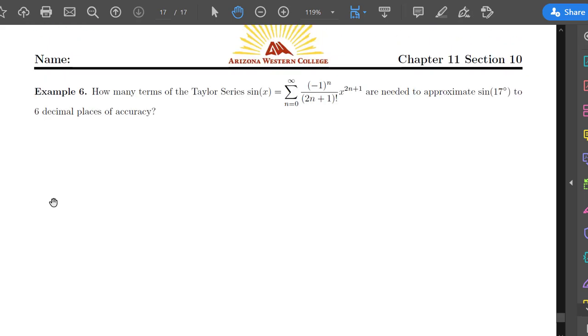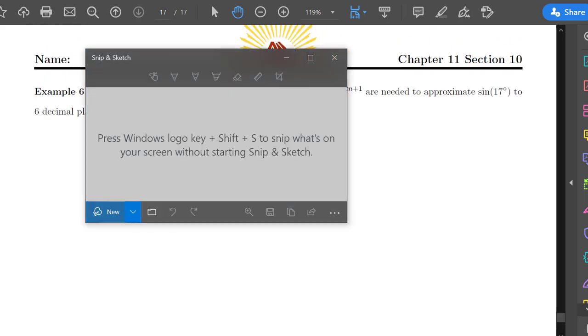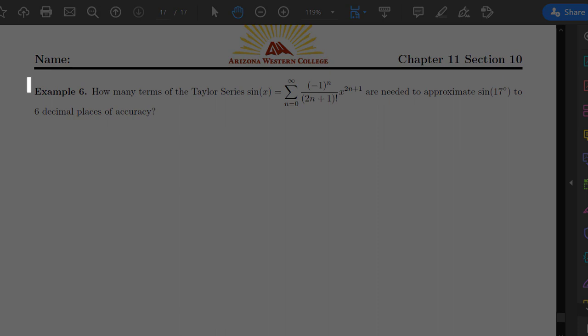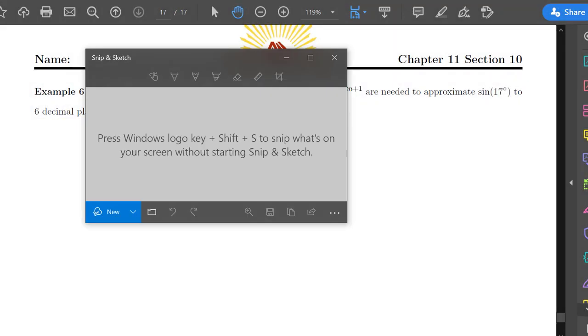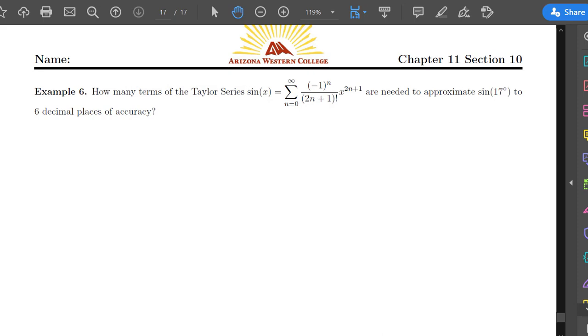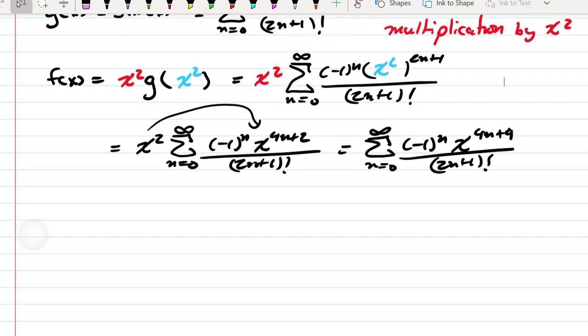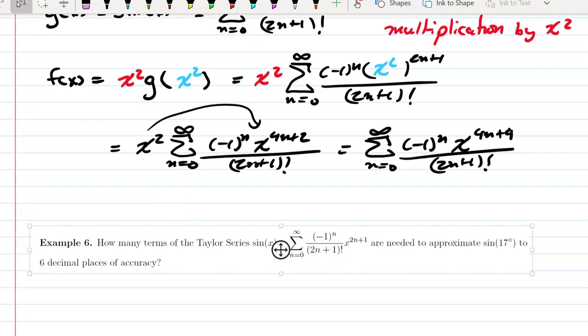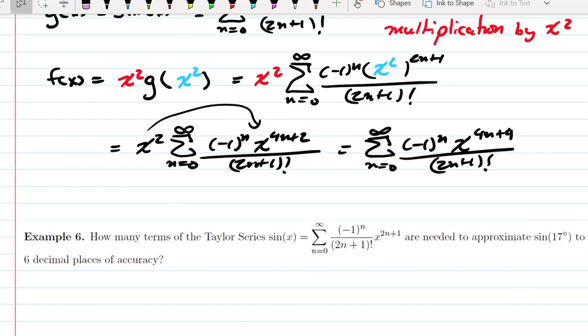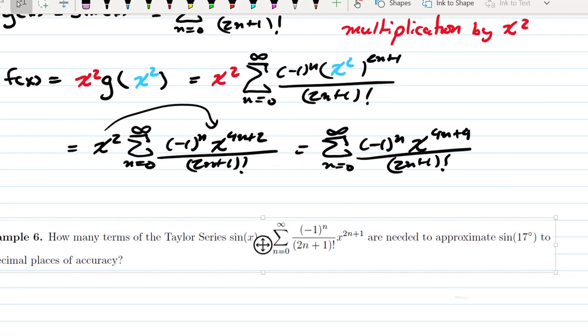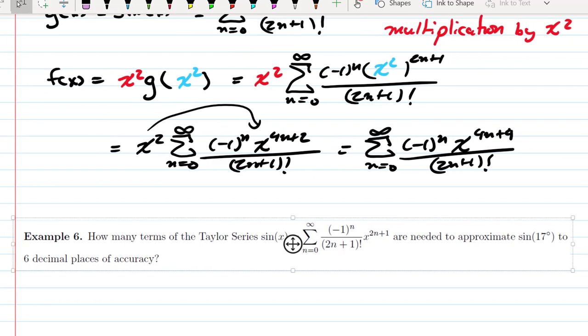All right. So for the last example, how many terms of the Taylor series are needed to approximate sine of 17 degrees to 6 decimal places of accuracy?